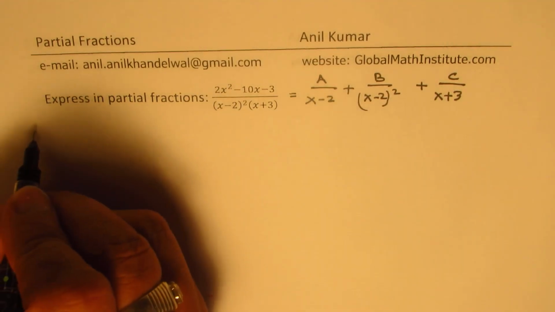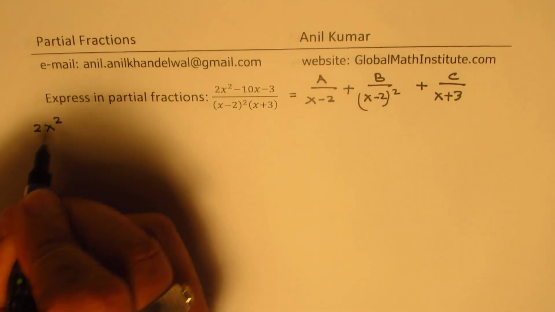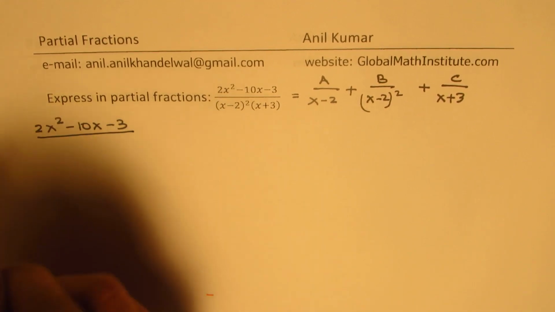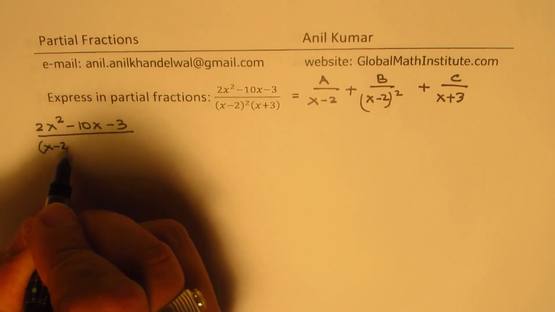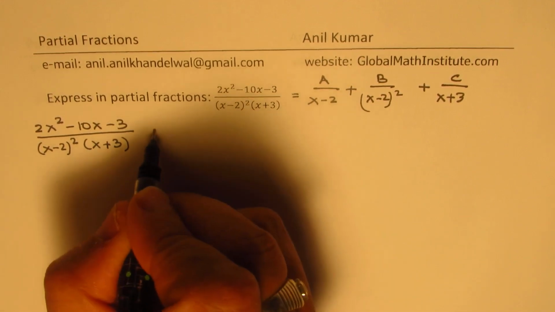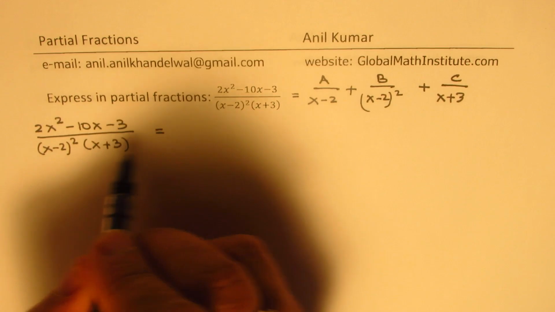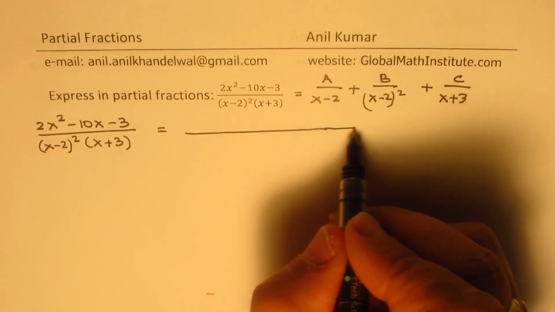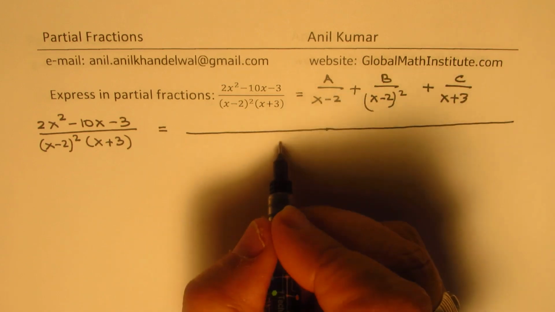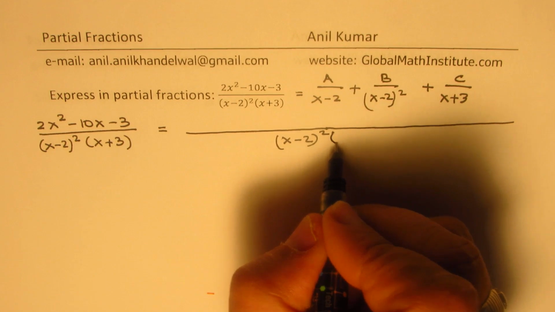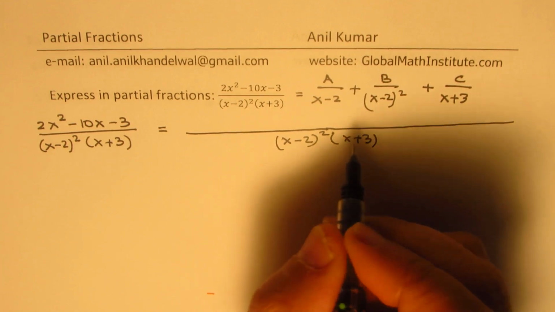So we can now write that 2x squared minus 10x minus 3 over (x minus 2) whole squared times (x plus 3) is equal to the same common denominator, right? So let me just draw a line here with the same common denominator, which is (x minus 2) whole squared times (x plus 3).